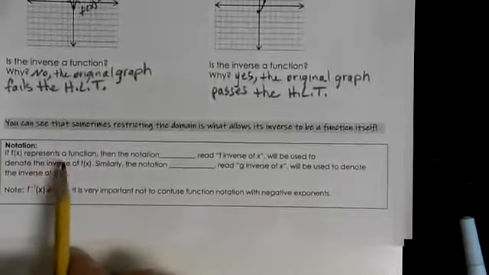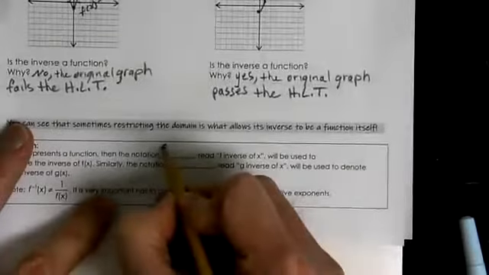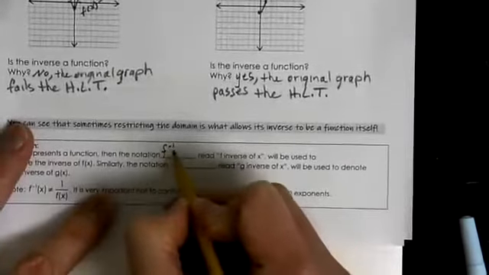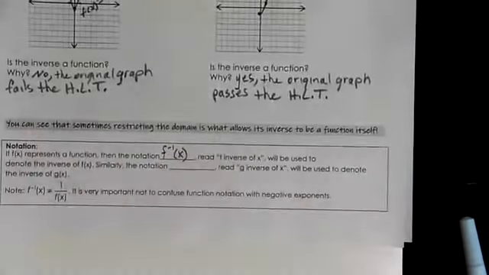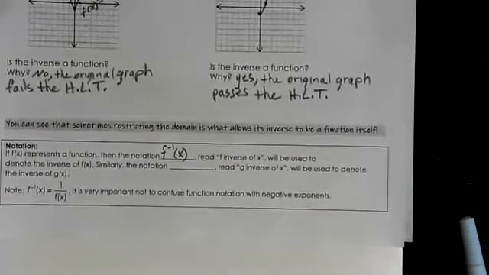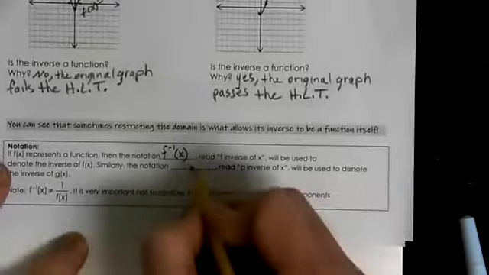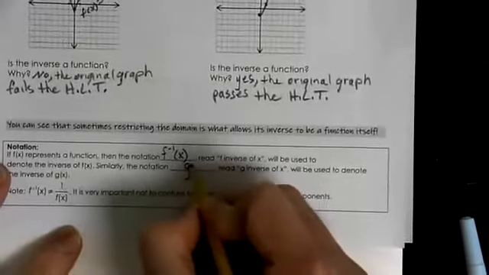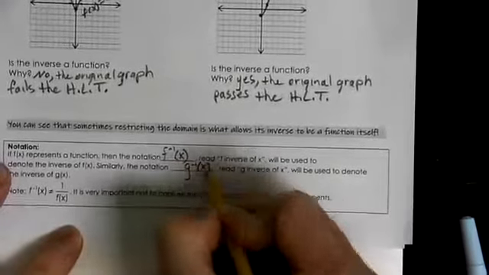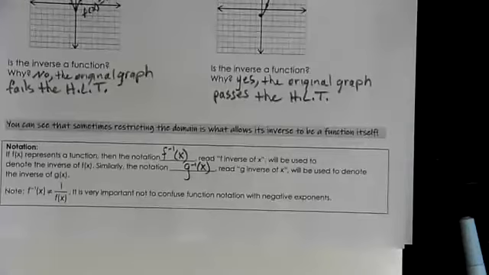If f of x represents a function, then the notation, look at this, f negative 1 of x, we're going to read that as f inverse. We're going to use a little negative 1 symbol. We would do the same thing for g of negative 1, so we call that g inverse.